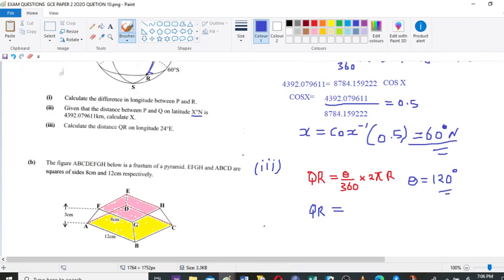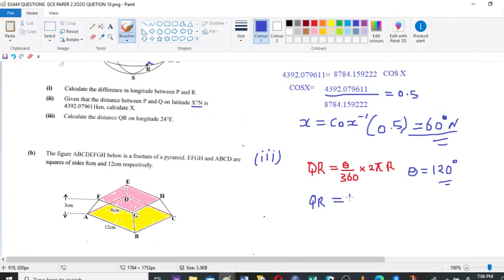That is your theta, and that means replacing in your formula, you're going to have 120 degrees. That is just 120 divided by 360, multiplied by 2, multiplied by 3.142, now multiplied by your R, which is 6370, that is in kilometers.